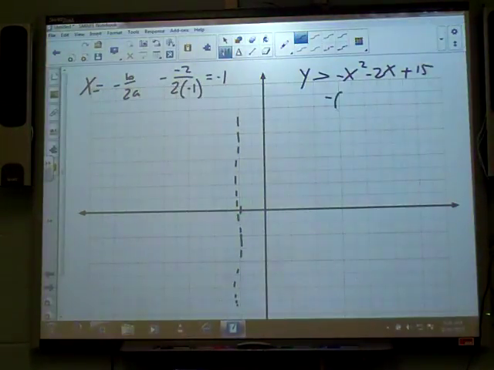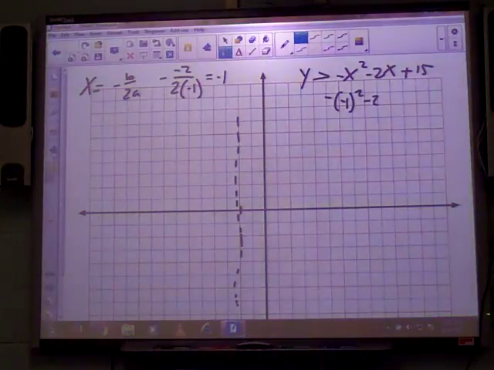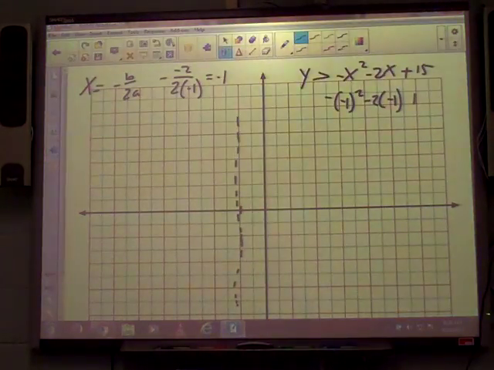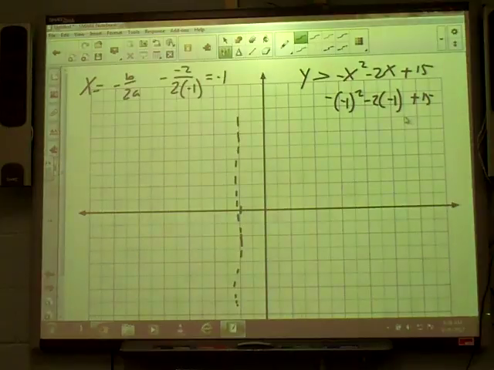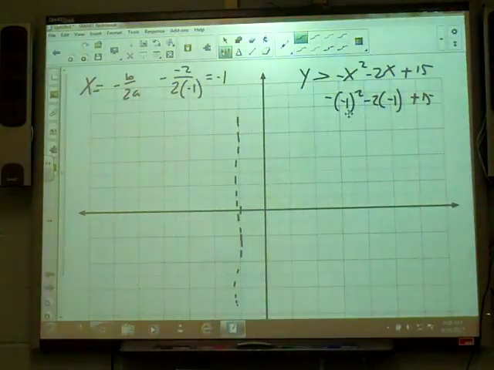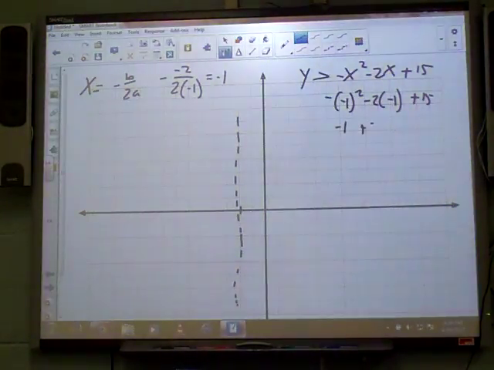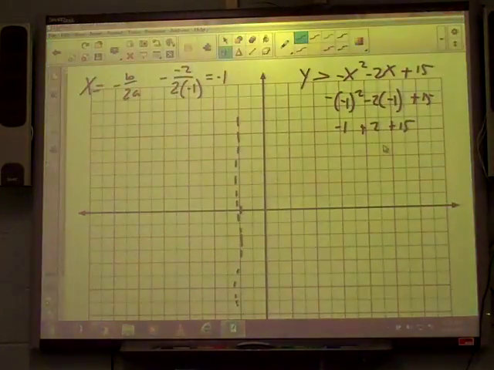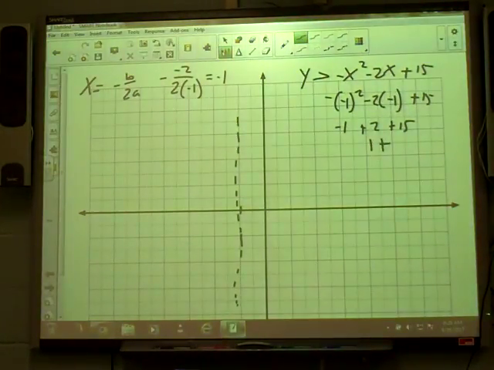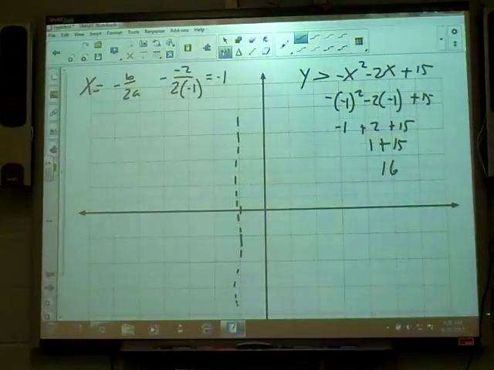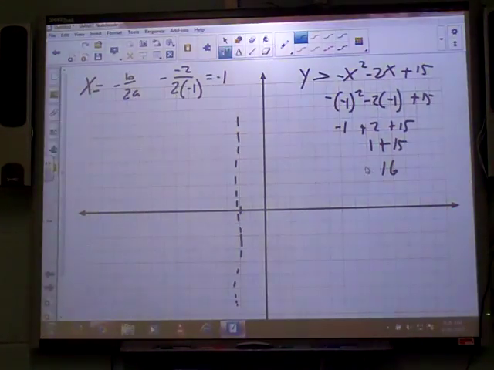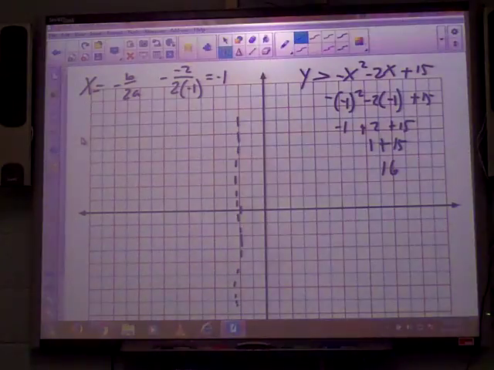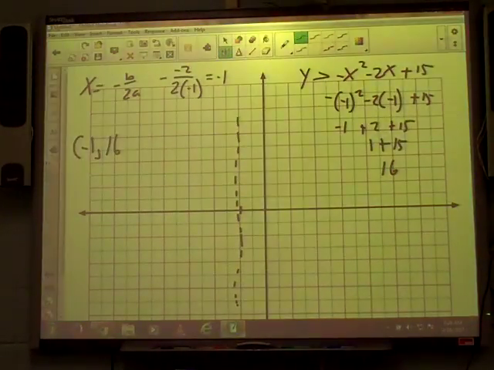So we're going to have -1 squared minus 2 times -1 plus 15. So that's -1 plus 2 plus 15. That'd be 16. So our vertex is -1, 16.